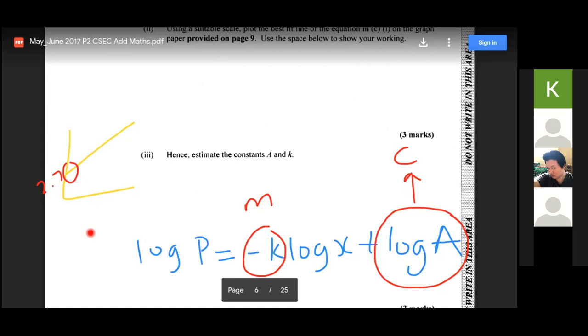So if log of A is my y-intercept, and that value is 2.7, that means log of A has to be equal to 2.7. However, they didn't ask me for log of A. They asked me for the value of A. So you use your rules, and you would know that A would be equal to 10 to the power of 2.7. Everybody go with that? Yes, miss.